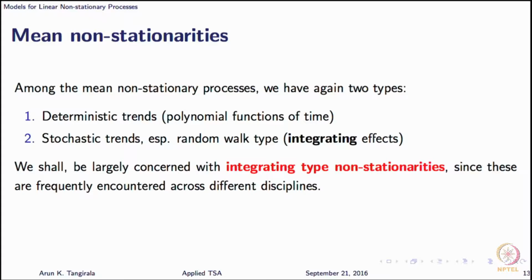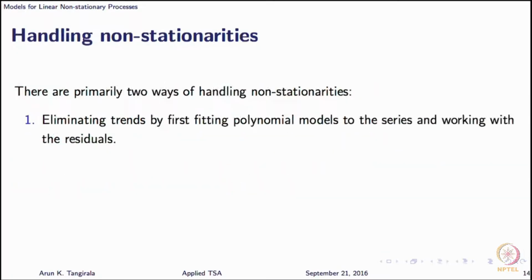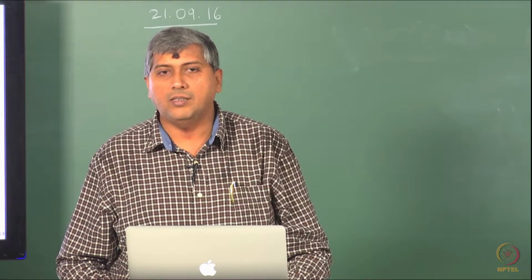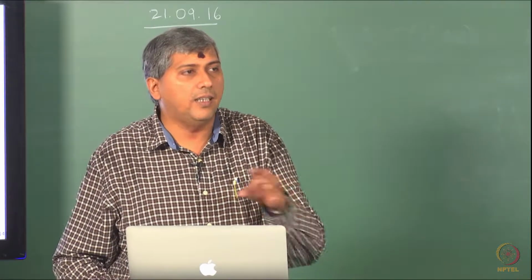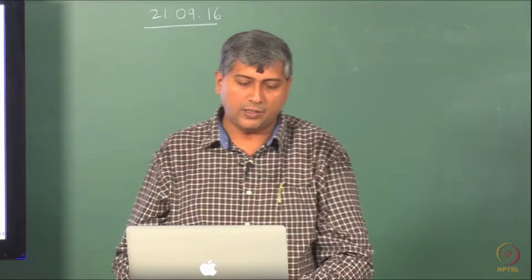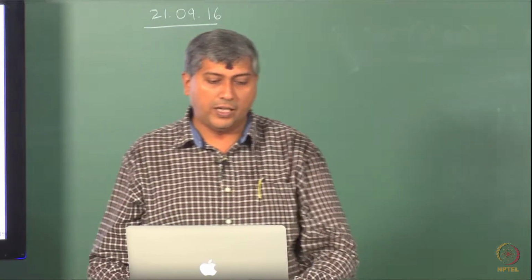There are many series which exhibit trends, and there are other ways of handling deterministic trends which I am going to briefly talk about, but the focus is going to be on integrating type non-stationarities. In other words, we will mostly look at ARIMA models, and the advantage with working with these ARIMA models is that to a certain extent they can also handle trend type non-stationarities, although it is not recommended to use that, and I am going to talk about certain subtle aspects of working with ARIMA models.